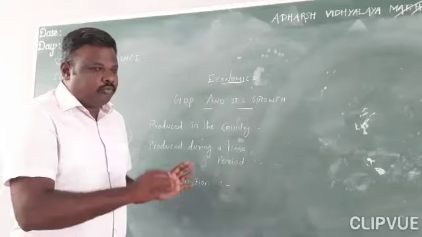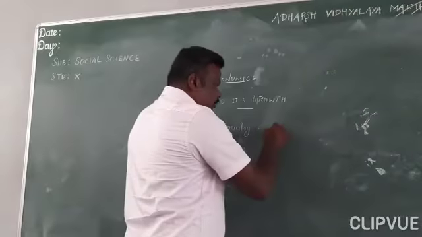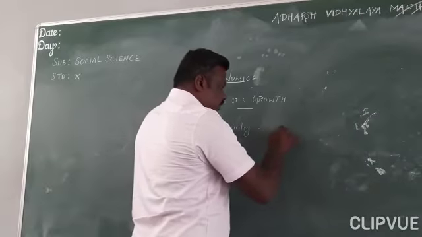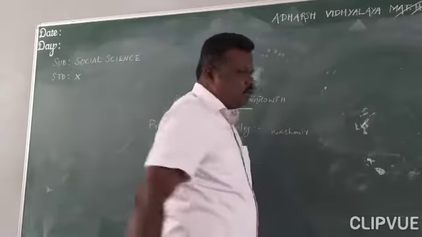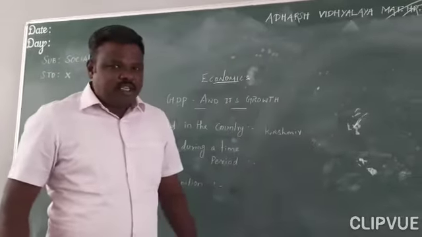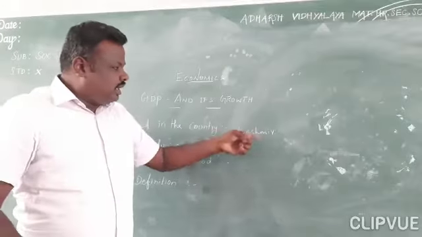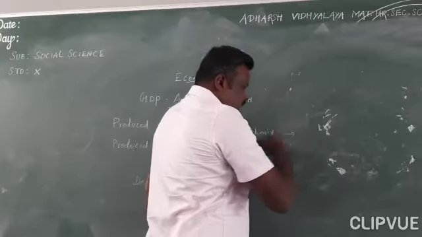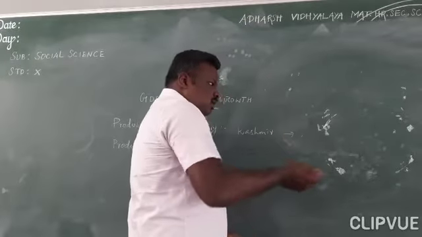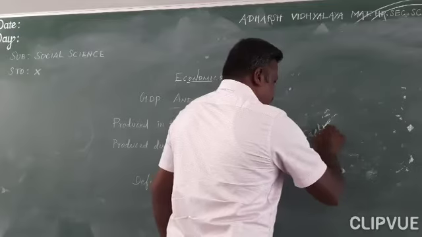okay, that alone. For example, now the apple produced in Kashmir. Okay, so the apple produced in Kashmir will come to our Indian market, and that is added in the GDP. Another example, a place like California.